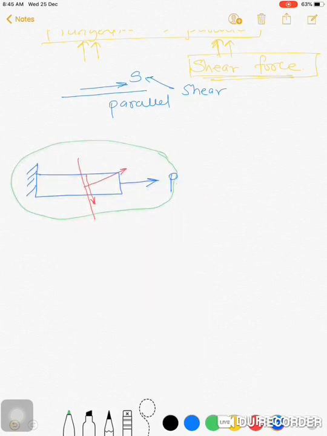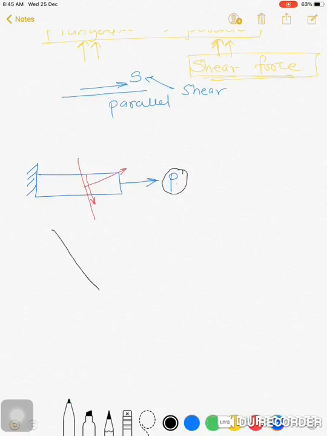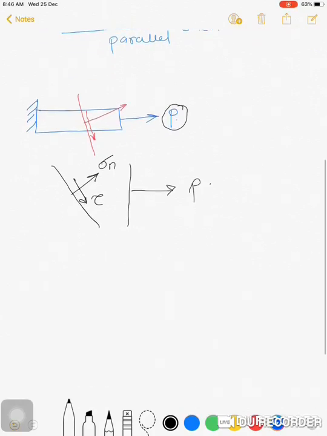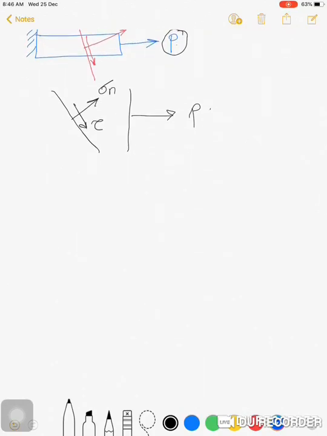Look, this is our beam, and this beam is subjected to load P. If the load is subjected like this, then this will be a normal stress component and this will be a shear stress component. Now we can analyze these stresses by the help of Mohr's circle.